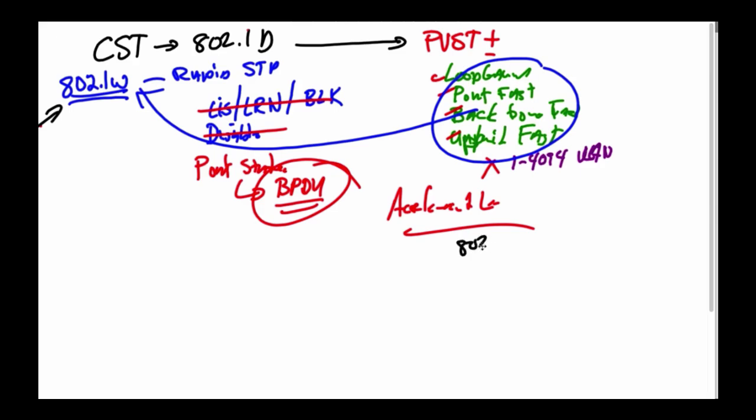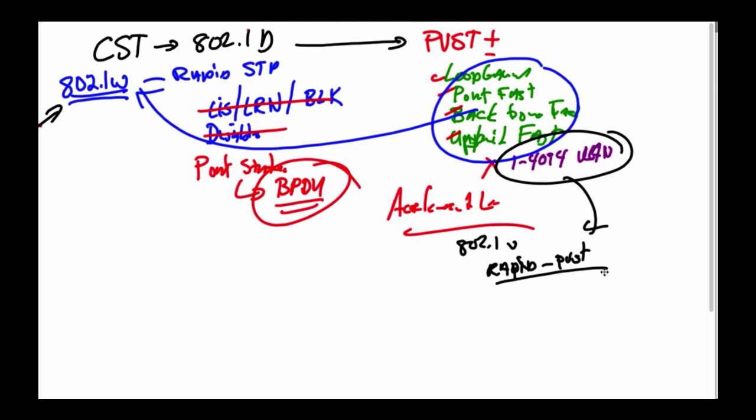We'll take 802.1w, but we're going to do it in the form of rapid PVST because we want to keep these VLANs. And then along came a minor or a major change that entered the arena: voice.